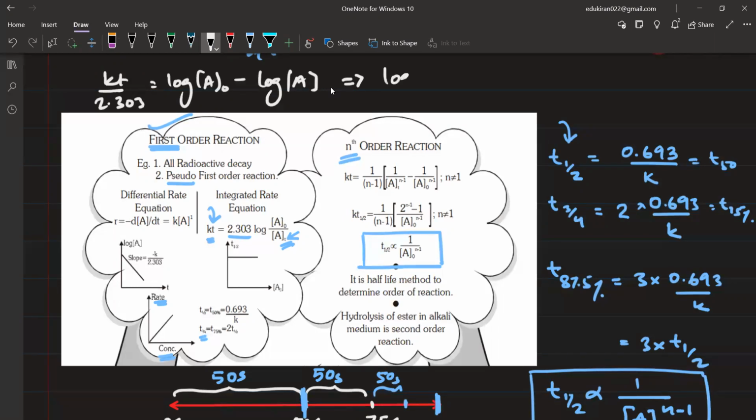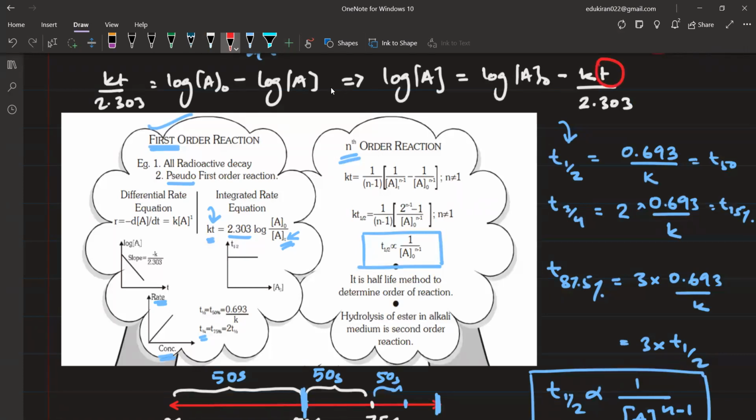So it will be plus log A, right? This will be equal to log A naught minus KT upon 2.303. It will go on the right hand side and become minus KT upon 2.303.